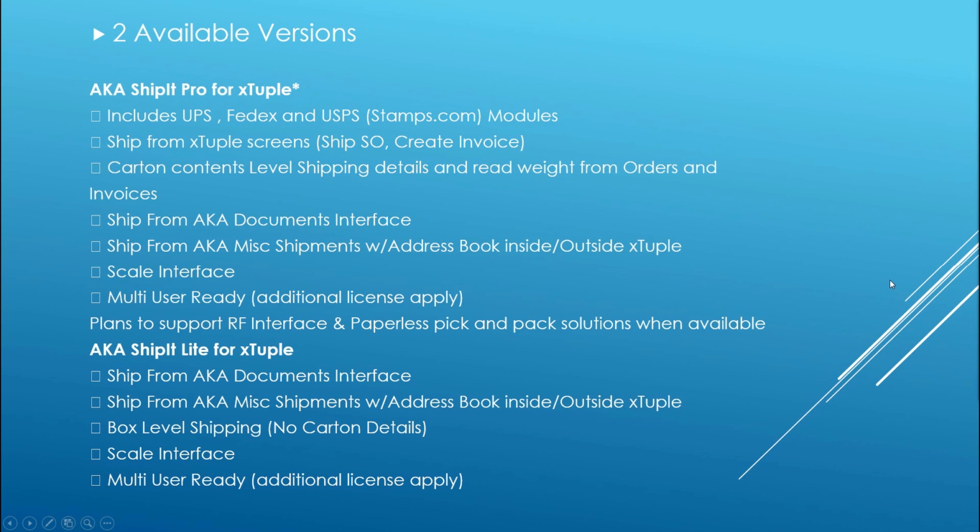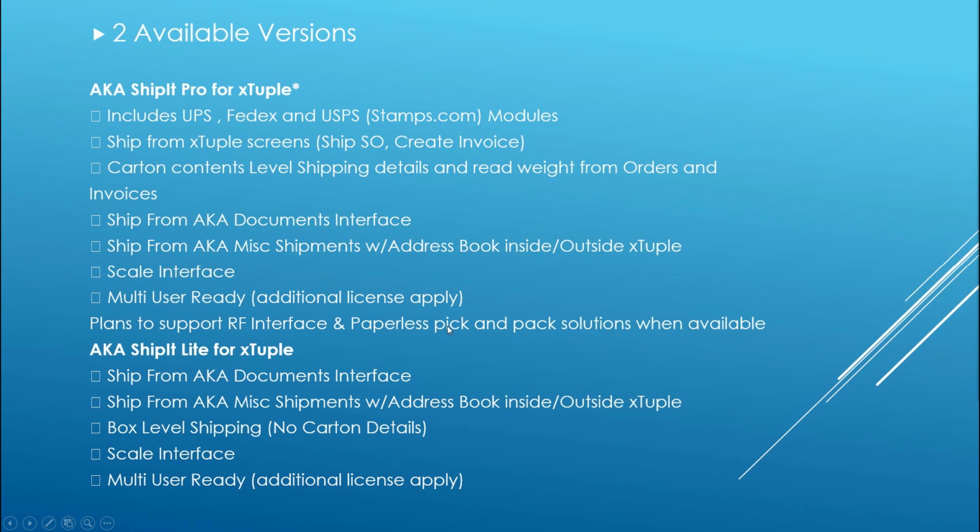And in a nutshell, just to summarize, the Pro version allows you to do pick and pack carton contents at the level of shipping details, basically. So that was when you specify cartons, and you can know which items are in which pack, in which box. It also allows you to ship from shipments or sales orders, and it allows you to ship from create invoice. So those are the major differences between one and the other.